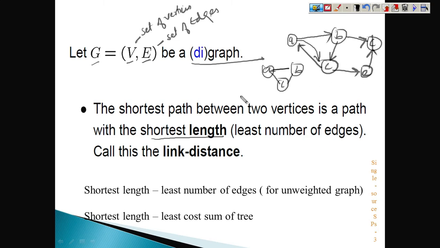Now if you look at this graph, this is a directed graph, and if I want to go to vertex D, we have many possibilities.